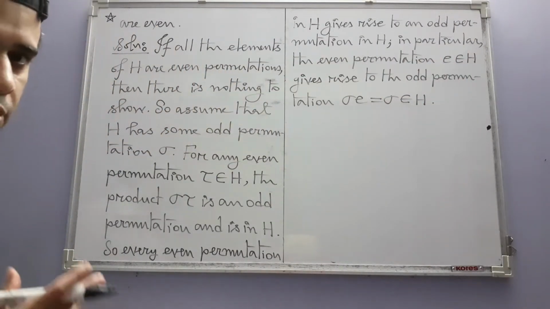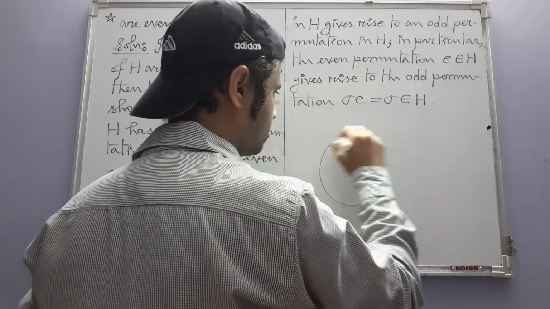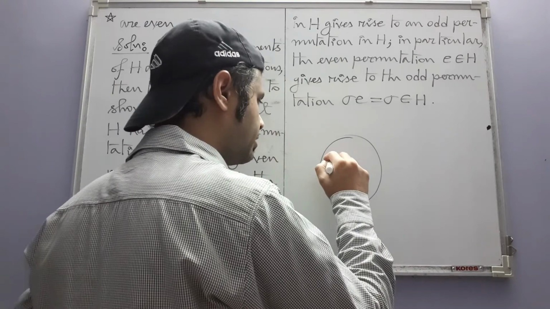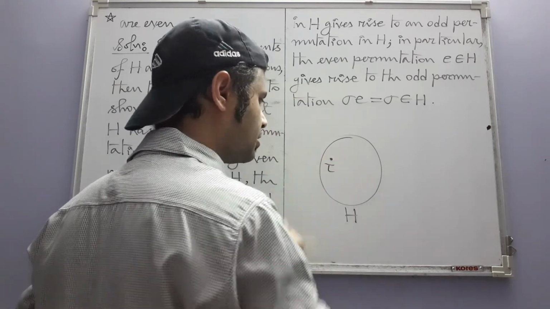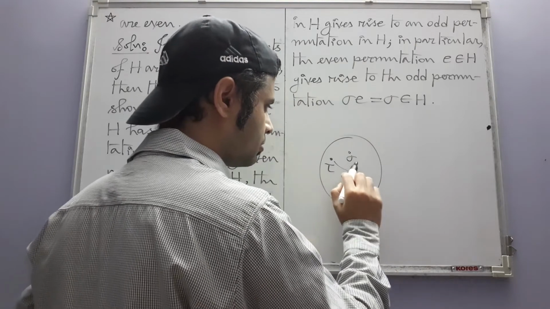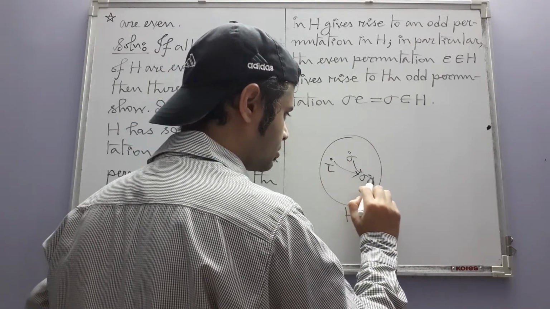Okay, so now the situation is this: you have H, you take an even permutation tau in H, sigma is fixed, okay, you then get an odd permutation sigma tau.